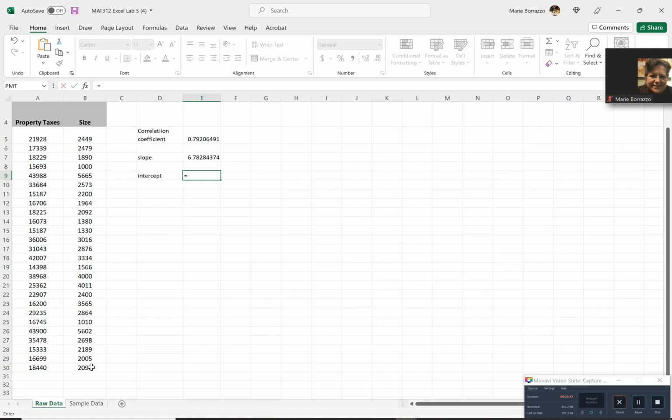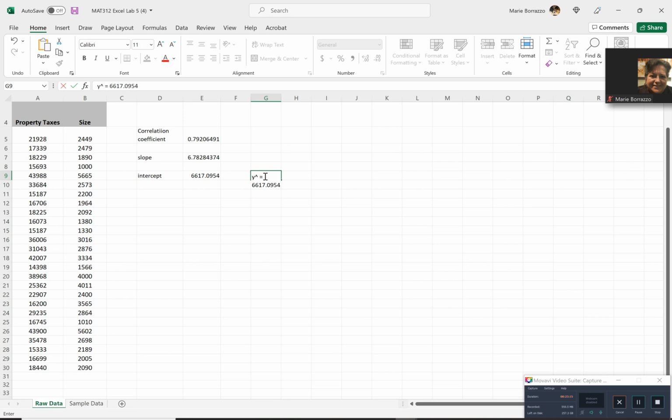Intercept, you're going to go equals INTERCEPT. There's your intercept. It's asking me for the known y's, which is this, comma, our known x's, which is this. I hit enter. So there you go. And that means that our linear regression equation is predicted y, as we stated earlier, is equal to 6617.0954.